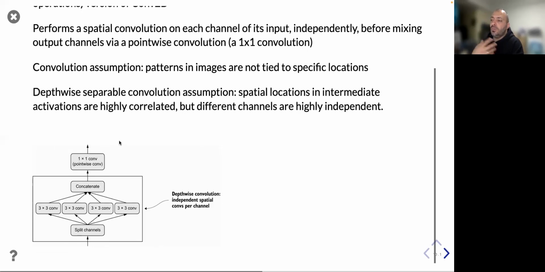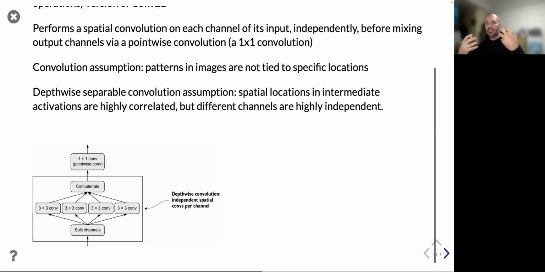So what is the assumption behind this architecture? The assumption is, for example, that the spatial locations in the intermediate activations, be careful here because we don't use this on the first input with the 3 channels, because the 3 channels are very tightly connected to each other. Information in one channel is heavily related to the R channel, the G channel, the B channel, okay?